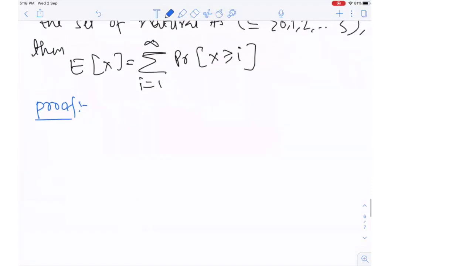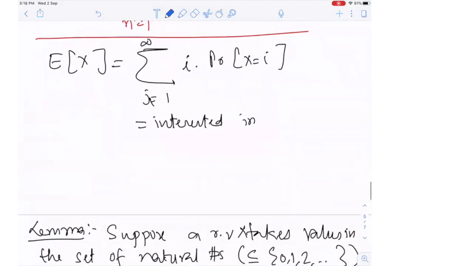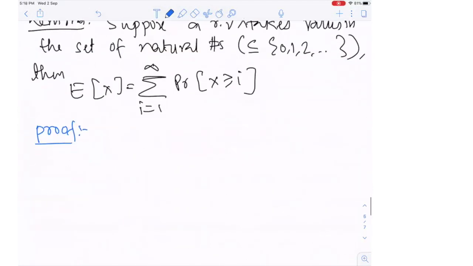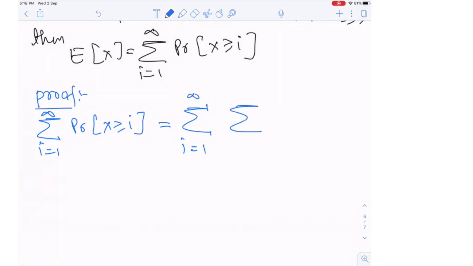Okay, so we want to start from here and get to the other definition of expectation which we wrote earlier. So let's just compute this. The summation i equal to 1 to infinity of the probability x greater than or equal to i is the same as the summation i equal to 1 to infinity of the summation j equal to i to infinity of the probability x equal to j, right?